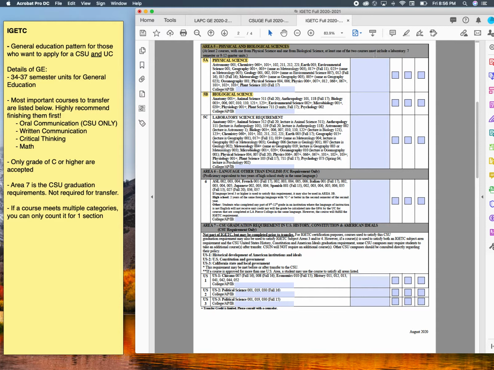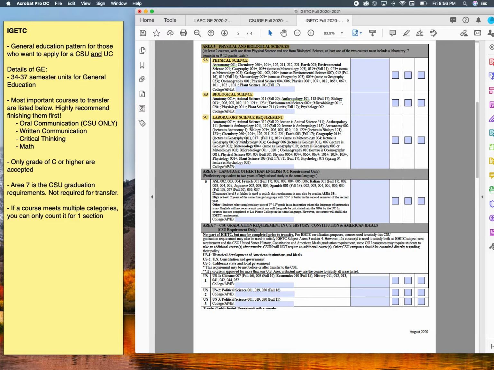So what that means is that this lab has to correspond to the science course that you took here. So let me give you a prime example. If you took Astronomy 1, okay, for physical science, and you took Anthropology 101 for the biological science, for this lab, you have to take the matching astronomy lab or the matching anthropology lab, okay?